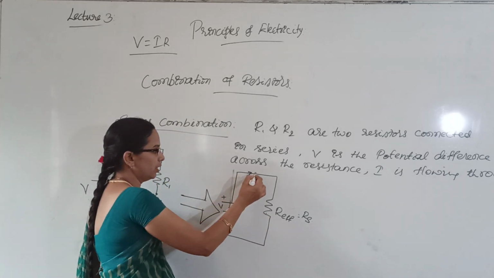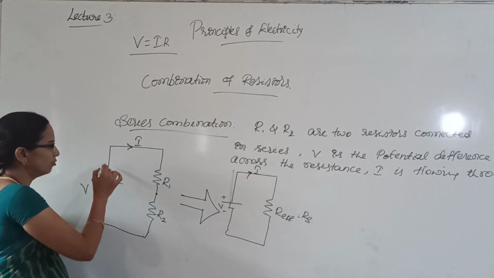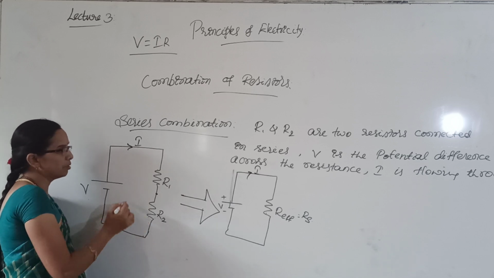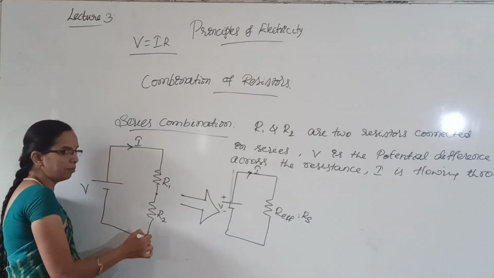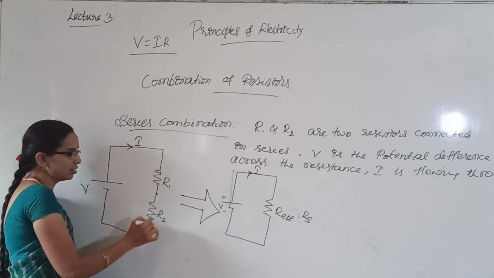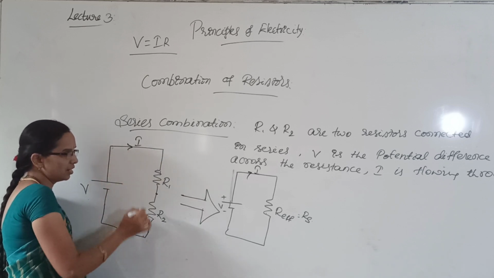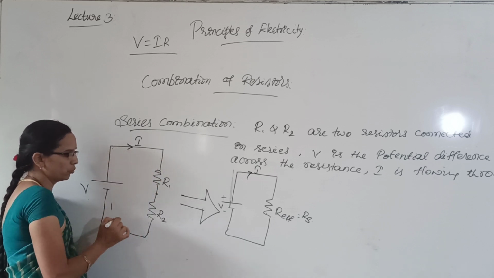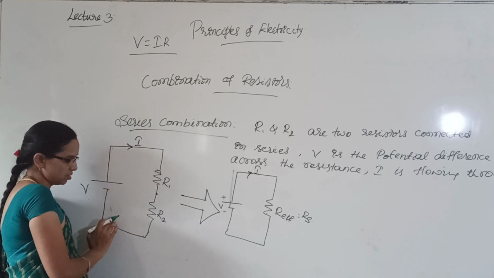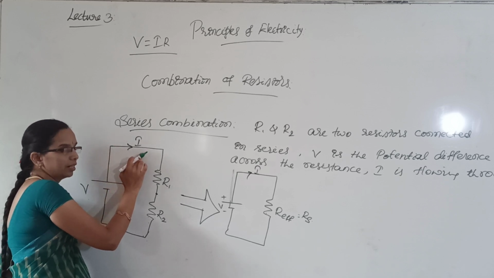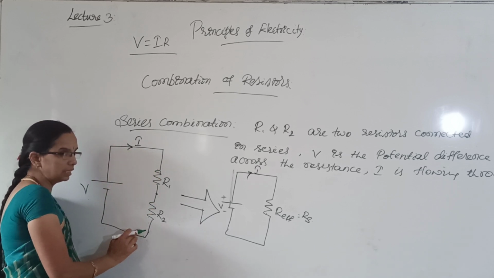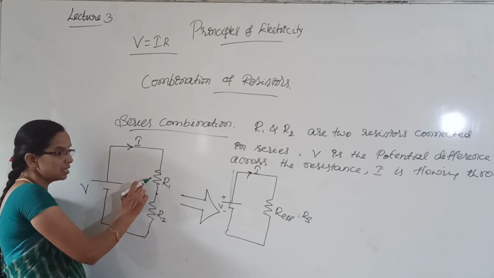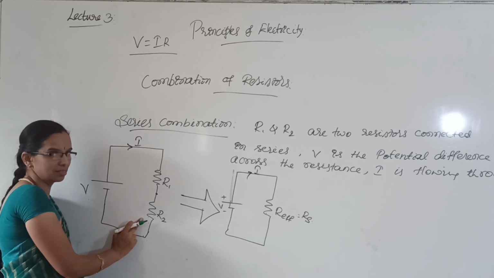The same current I will be flowing through the two resistors because we are giving the same path. Only one conductor, one line is there, so electrons should flow in this path only. So only one path is given, so the current flowing through these resistors in series combination remains the same in both the resistors.